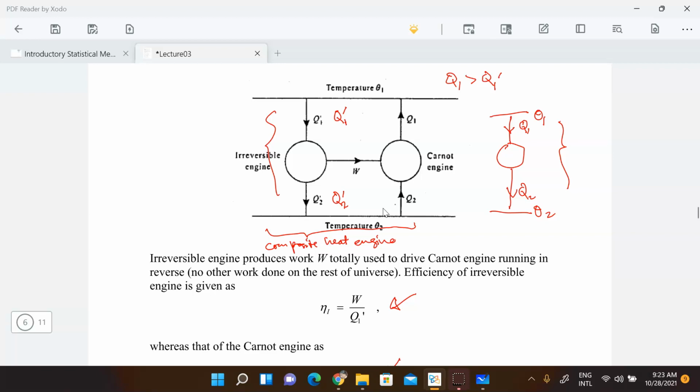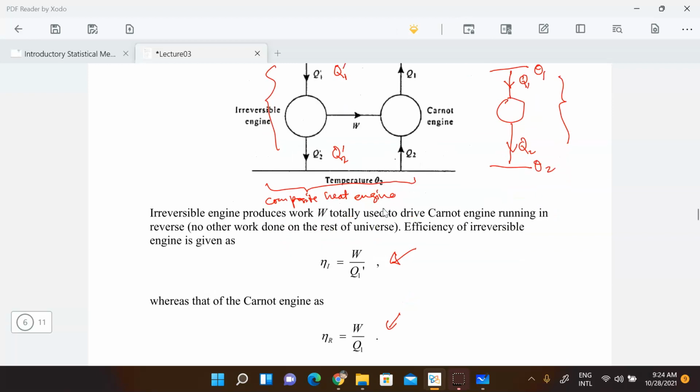So in other words, the net effect of the process over here, since this is much greater than that, is that this is taking heat from the lower reservoir and dumping it back to the hotter reservoir. So you have a colder body, you take the heat from there and you dump it back into a hotter body.